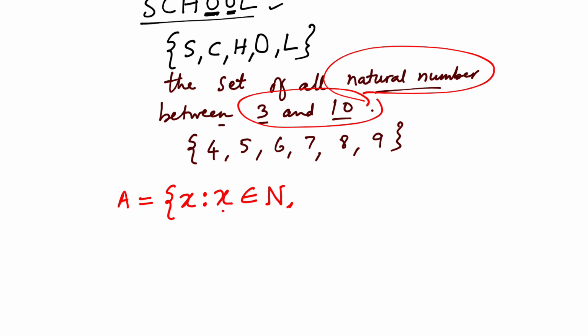Okay, but it is not complete. We still have to write something else. Some other properties are there. That is, this X is less than 10 and greater than 3. That's it, and this is the property method of writing a set.